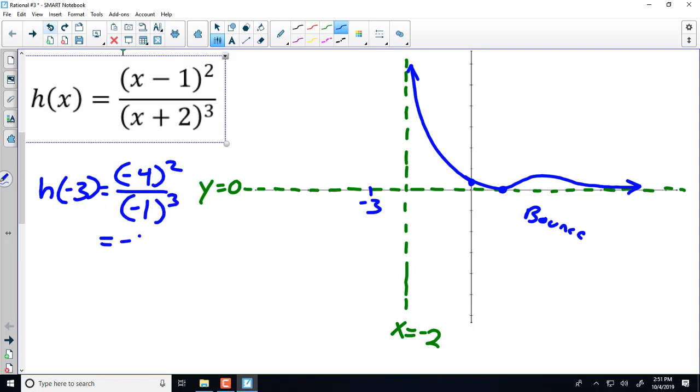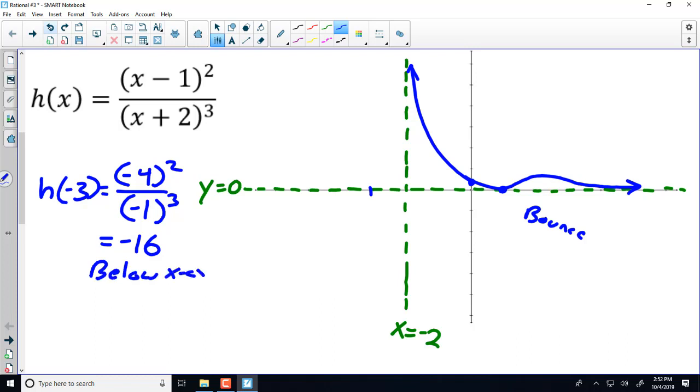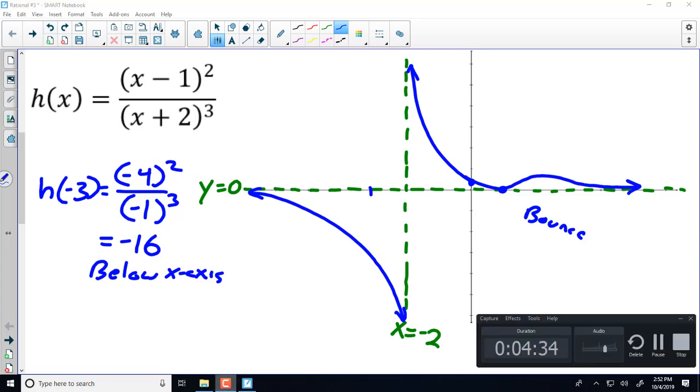So I will get negative 16, which is well below where I actually want to draw my graph. So I'm not really going to plot that actual ordered pair, but what I am going to do is use this observation to realize that I am going to be below the x-axis, and then just draw a sketch in. So here it is. And that's my graph.